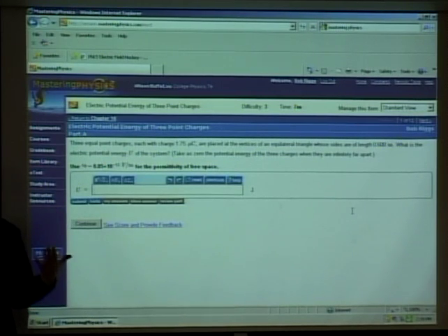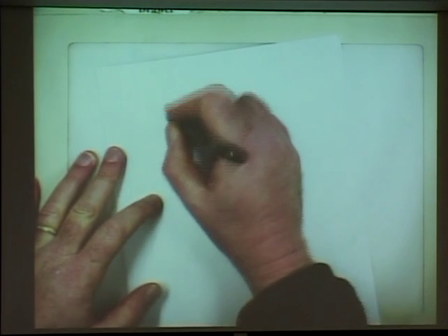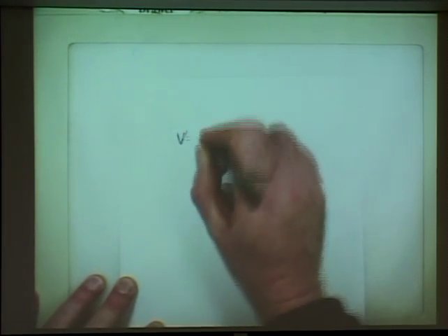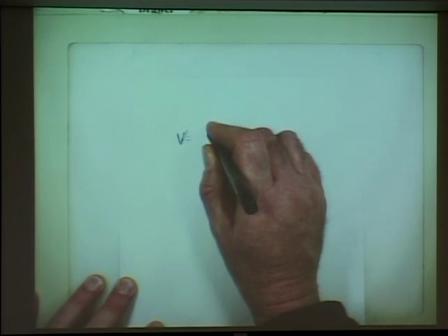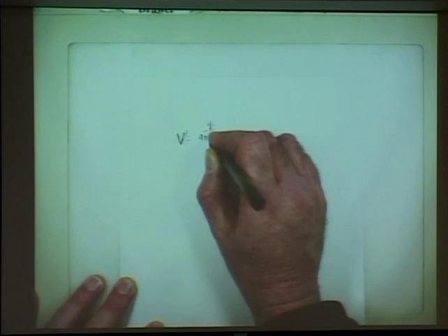You can use k. What they want you to do is really annoying, and I don't want you to do it this way. They want you to say that V is equal to Q over 4 pi epsilon naught times r.